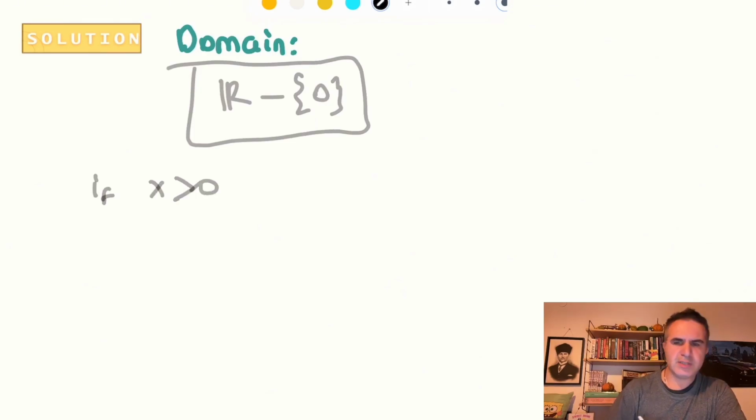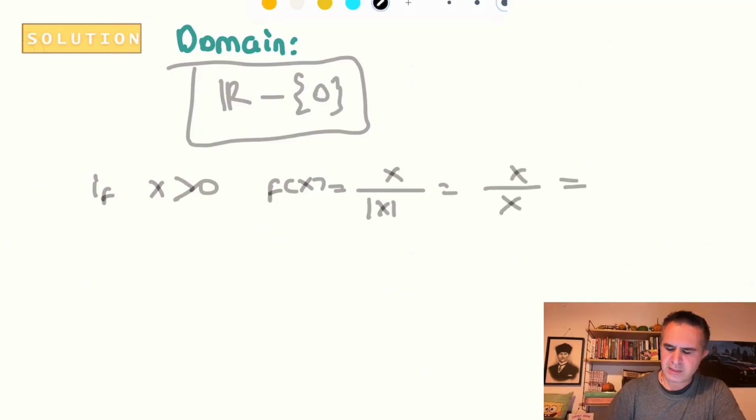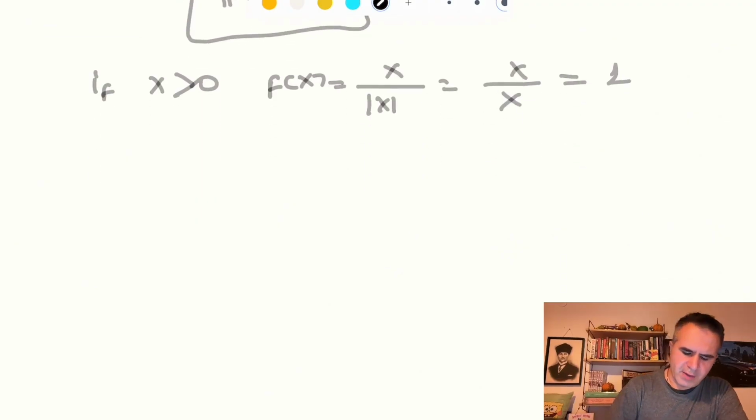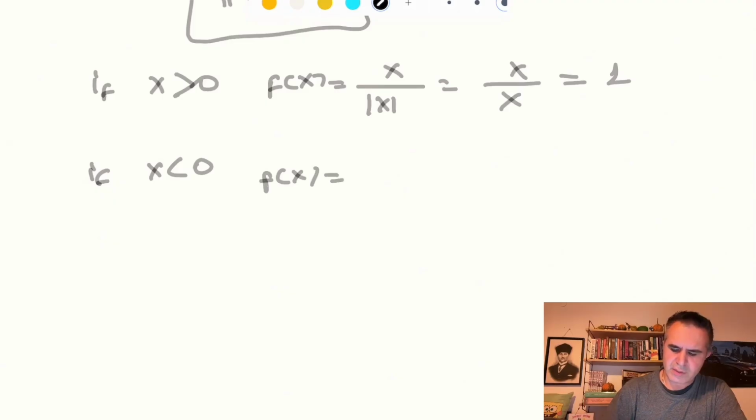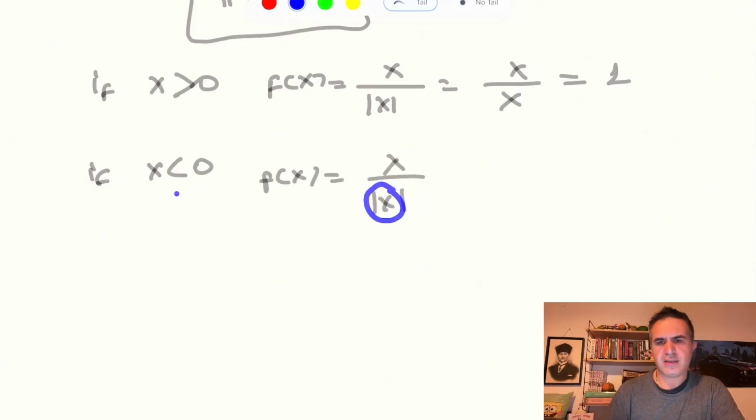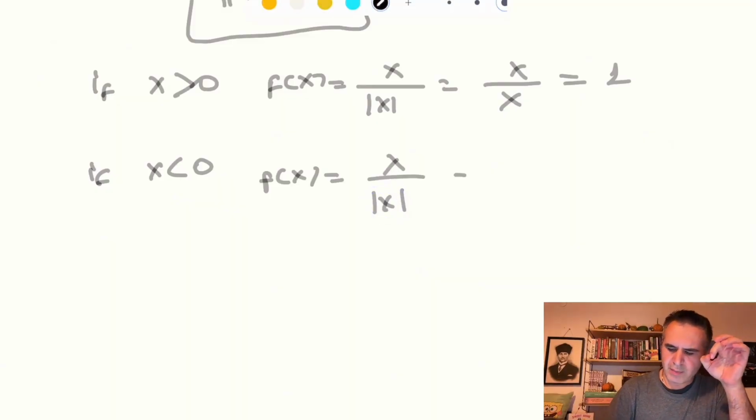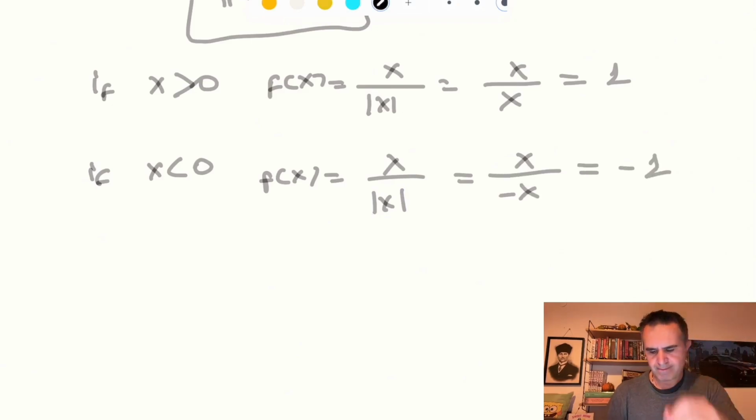If x is greater than 0, f of x equals x over absolute value of x equals x over x, and this is 1. If x is less than 0, then f of x equals x over absolute value of x. Since x here is negative, absolute value of x is minus x, so it equals x over minus x, and this is equal to minus 1.